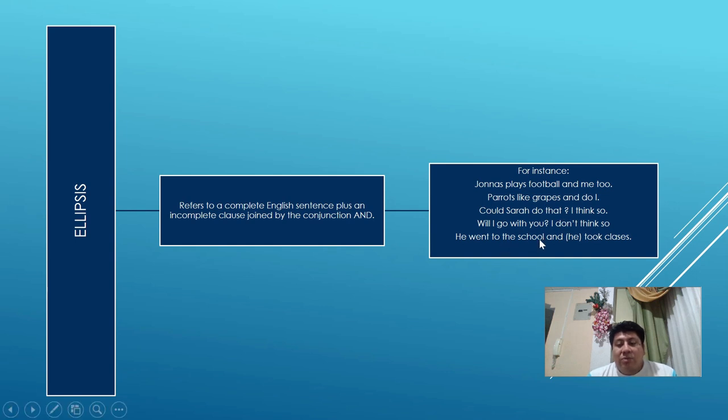Here we avoid repeating the information or repeating the personal pronoun, in this case he, but by using the conjunction and, we can add an incomplete sentence: and took the classes. He went to school and took the classes. So these are examples of ellipsis, a complete sentence with an incomplete one.